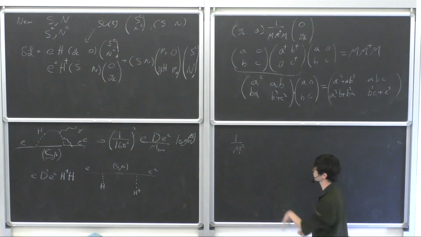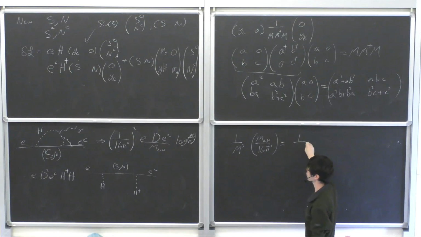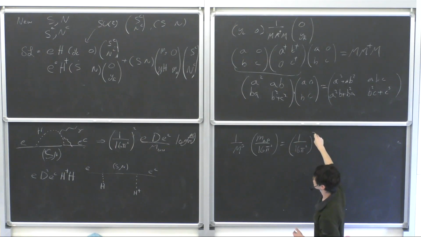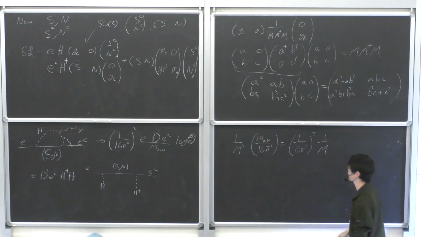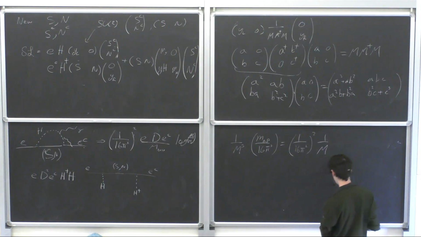Let's just set everything to 1 times m new particle over 16 pi squared is equal to 1 over that thing. 1 over mass of the actual particle. Wait, why did I put a loop factor here?